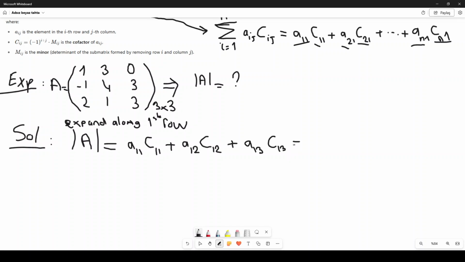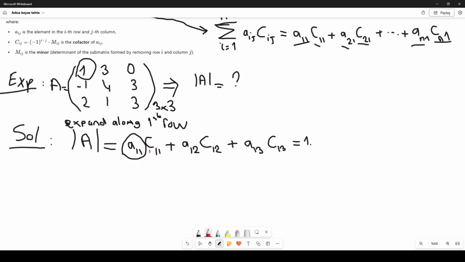Now, let's move one step forward. What is the value of A11? Well, look here. It is 1. So 1 times, what is the value of C11? Well, we need to find it, right? How should I do that?